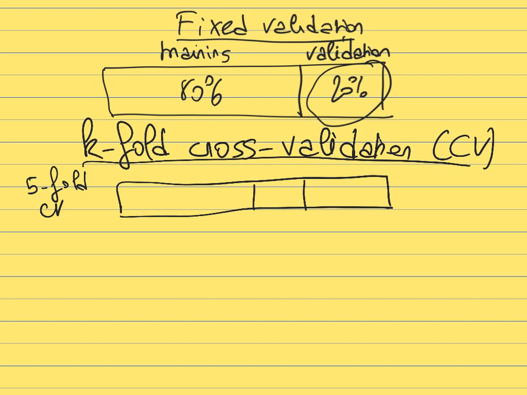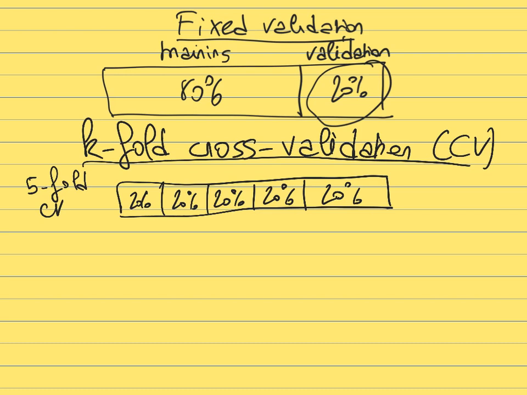You split it like this: 1, 2, 3, 4, 5. Okay, so that's 5 folds, where each of them is made of 20% of the data set. And then what you will do is exactly the same as what you do when you have a training set and a validation set.